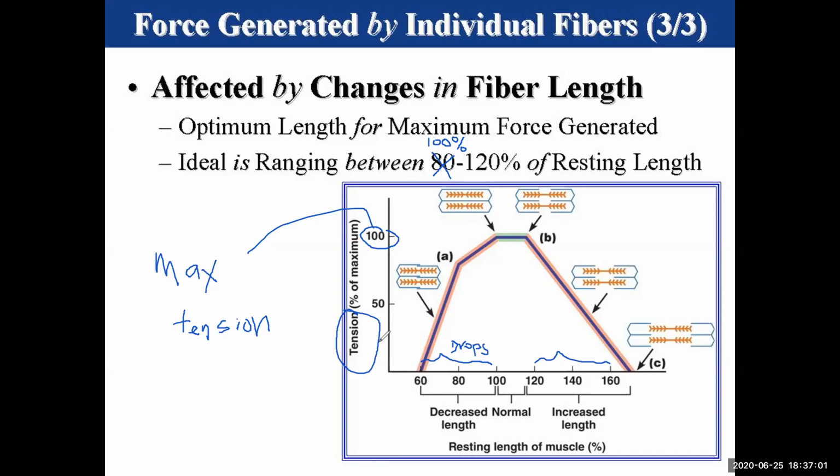So the force being generated will decrease if the length of the muscle before it contracts falls between 60 and 100, or is stretched out beyond 120.